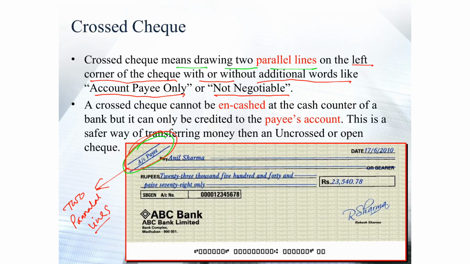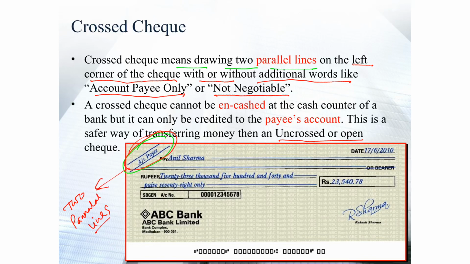This is a safer way of transferring money than an uncrossed or open check, because with an open check anyone can collect that money at the bank counter, but with a crossed check only the person who holds that check and whose name is on that check will be eligible to collect that money from that bank.